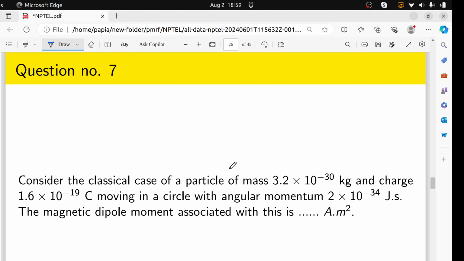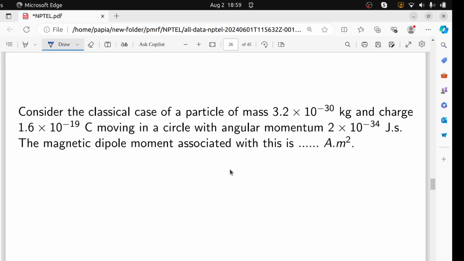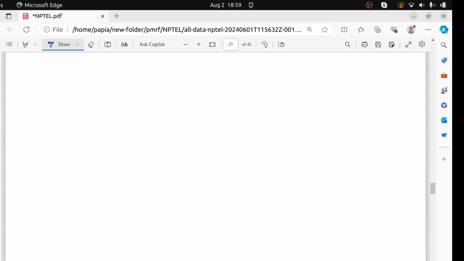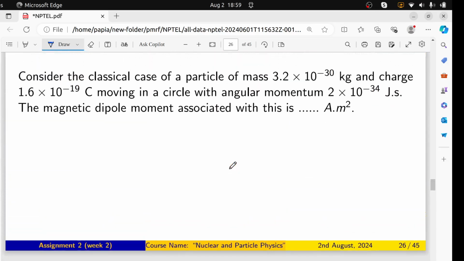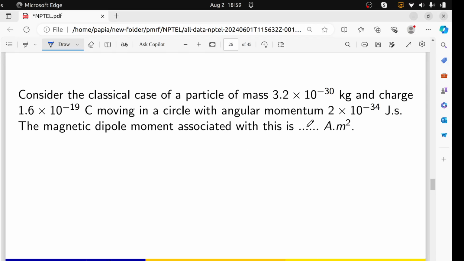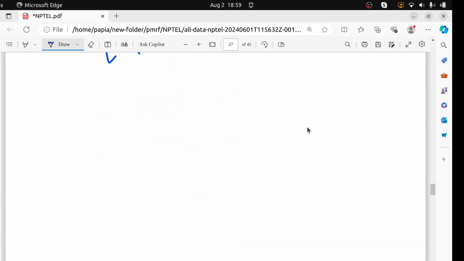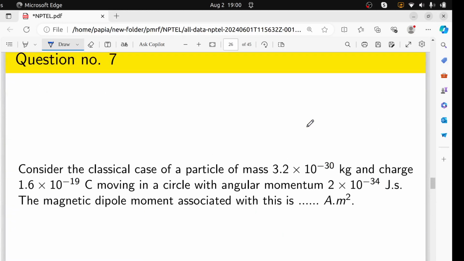Okay. So whatever data has been given, I am just quickly writing that down, and after that we will find the answer. Q has been given as 1.6 × 10^-19 coulomb. Then mass M is 3.2 × 10^-30 kg.